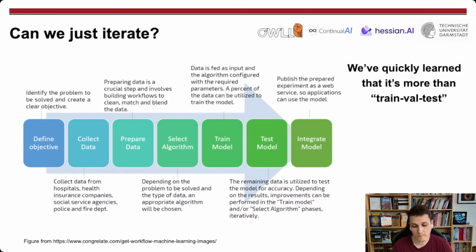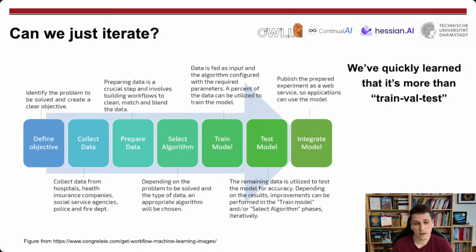And we started from this very basic idea, not basic in the sense that there aren't many steps, but basic in the sense that it's a simple, or supposedly simple, recipe in the form of a bunch of elements in a sequence, from defining an objective to collecting some data, preparing the data, selecting the algorithm, etc., all the way to this very common notion of train, validation, test splits.